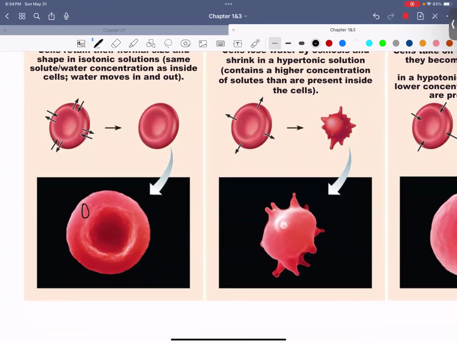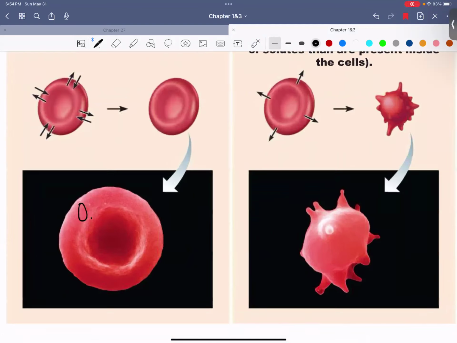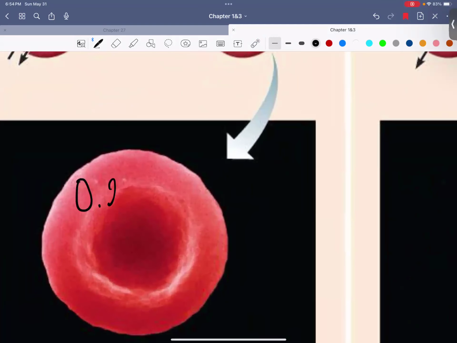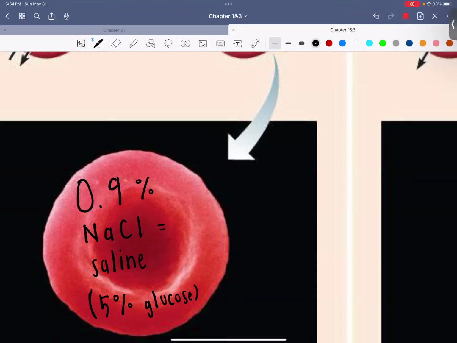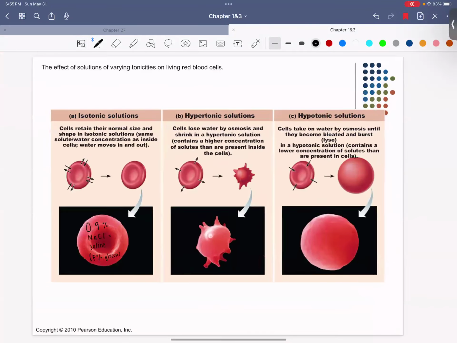One of the things that you need to know is our cells have a 0.9% sodium chloride concentration, which is normal physiologic saline solution. They have a 5% glucose solution. So you might have seen a bag of 5% dextrose hung.